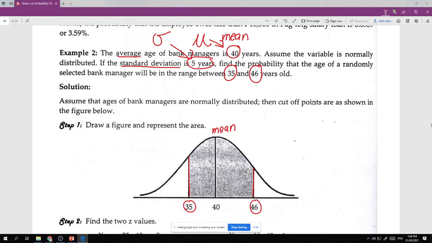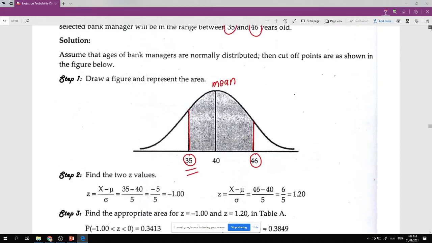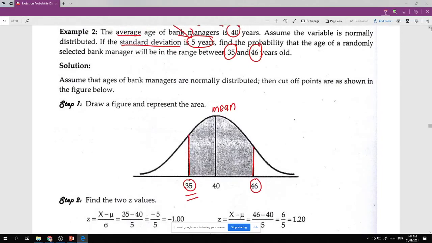Then we find the z-values. Look at the z-values here. Let's start with the z-value of 35 first. What is our mean? 40, and our X is 35. So 35 minus 40, divided by 5, the standard deviation given in the problem. 35 minus 40 is negative 5.